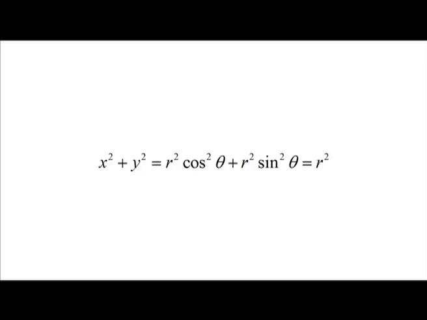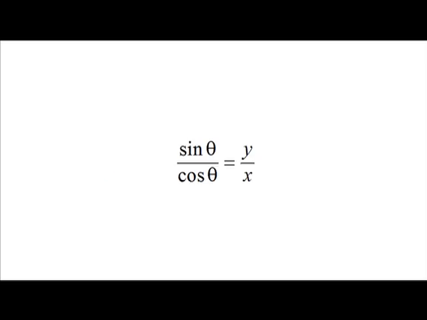Hence, x² + y² = r² cos² θ + r² sin² θ, which is equal to r². Also, sin θ / cos θ = y/x, that is, tan θ = y/x.